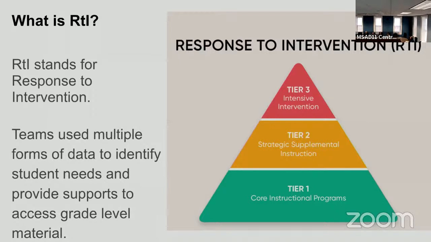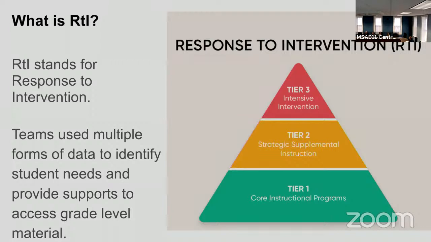Do we have something that we're going to do about it to help these students so that they can learn the material at grade level, even if they're struggling in some areas? And then this little triangle showed up where all students have tier 1, which is classroom instruction around the core: ELA, math, science, social studies.